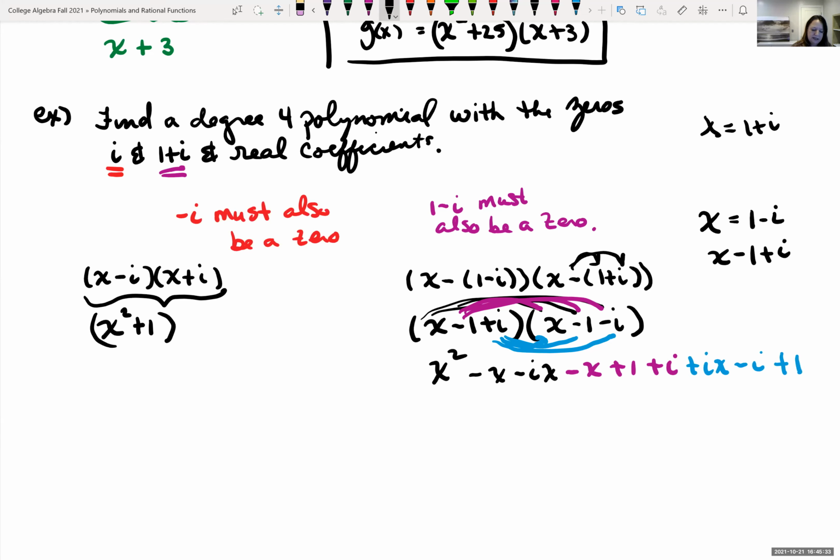So combining like terms, I only have one x squared term. So real coefficients in front of x. So negative x minus x is negative 2x. We have a negative ix and a positive ix, those cancel. We have an i minus an i, those cancel. And we have 1 plus 1, which is plus 2.